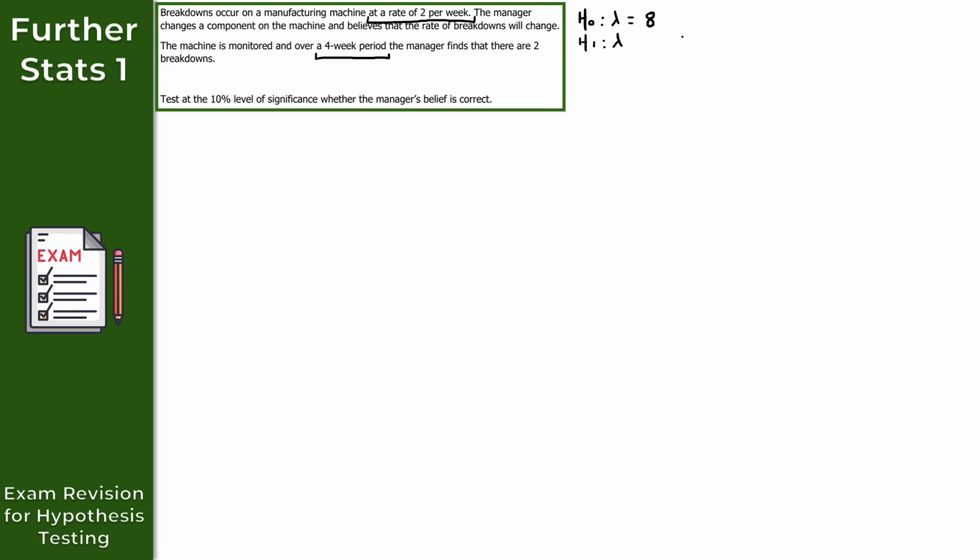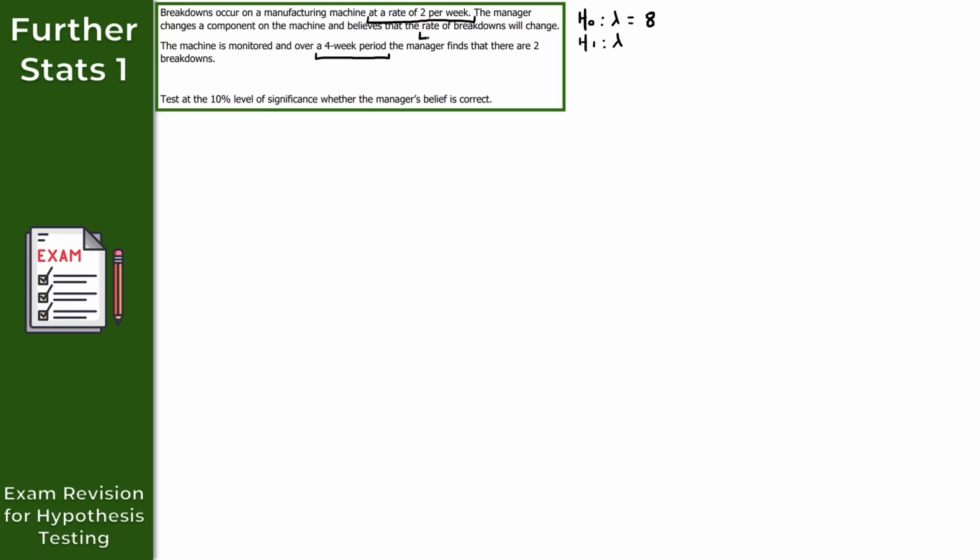So that's the null hypothesis, nice and straightforward. Now for H1, again, we need to be careful here. This depends on whether we have a one-tailed hypothesis test or a two-tailed hypothesis test. For this example, hopefully you can see that we have a two-tailed example, because the manager's belief is that the rate of breakdowns will change.